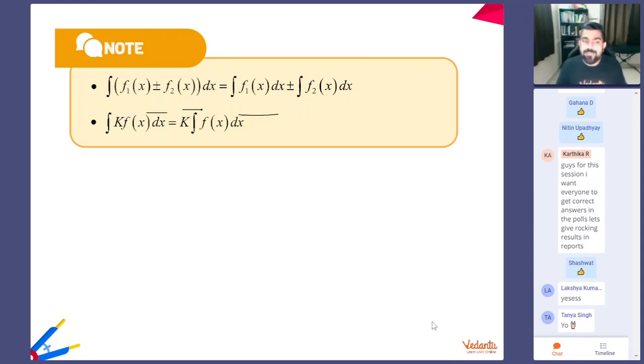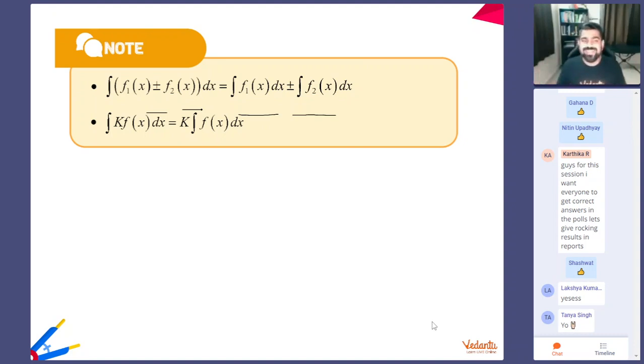So f1 dx I will integrate separately, then plus or minus, then f2 dx I will integrate. That is allowed in integration. So I can split the integral into integral of first function plus or minus integral of second function.